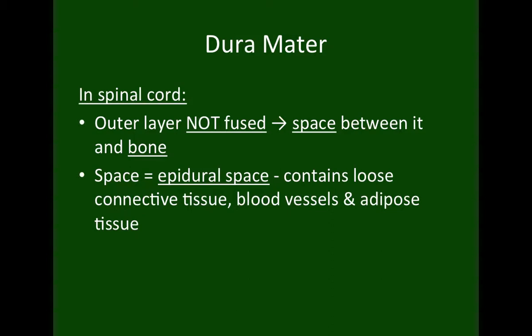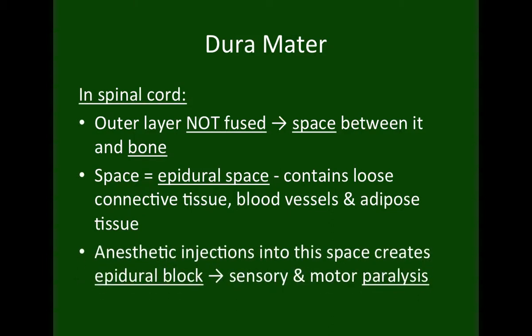This is a very useful space. We use it for anesthetic injections that we call epidural blocks that create both sensory and motor paralysis depending on the type of anesthetic that is used. If you're having minor surgery in a particular area, let's say in your foot, you can have an epidural block instead of undergoing general anesthesia, which in many cases is a better option.